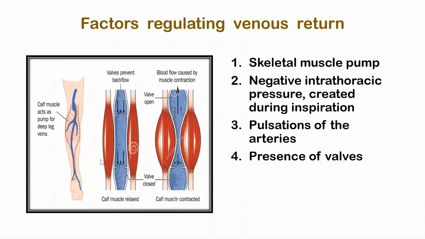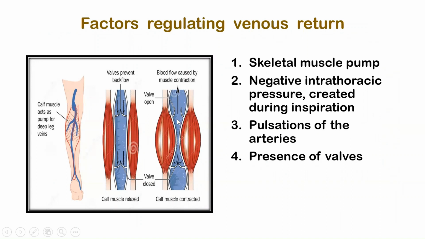Next is the skeletal muscle pump. Here we can see that the calf muscle acts as a pump for the deep leg veins. How does it act? In this picture, the calf muscle is relaxed, and over here the calf muscle is contracted. During contraction, the muscle bulges, and it causes pressure on this column of blood within this vein.